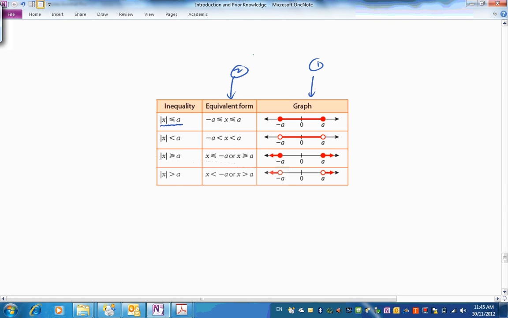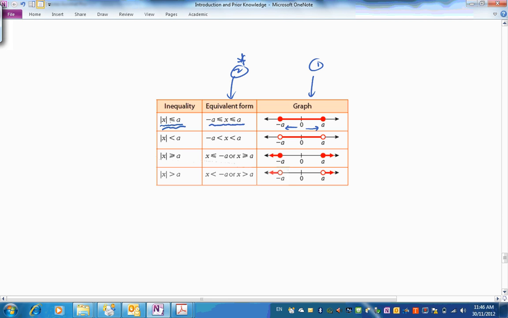So let's make number 1, let's try to represent the modulus of a with absolute value of x is less than or equal to a. Where could x be? Well, it can't be more than a either way. But it can be either way because its size is less than a. So therefore we would then come to point 2 and say therefore x lies between neg a and a.